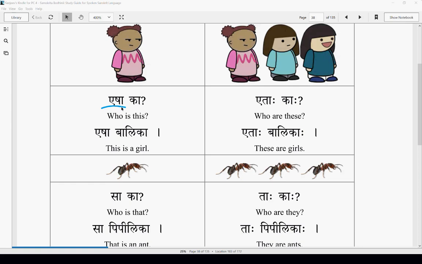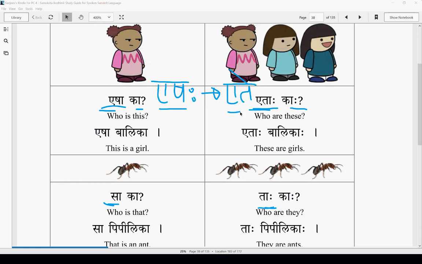The same thing. Notice these changes. Esha in singular strilingam ekavachanam changes to etaha in strilingam bahuvachanam. Similarly, sa changes to taha. Esha changes to etaha, sa changes to taha, and ka changes to kaha. In pullingam, what happened? Eshaha, pullinga ekavachanam, changed to ete.